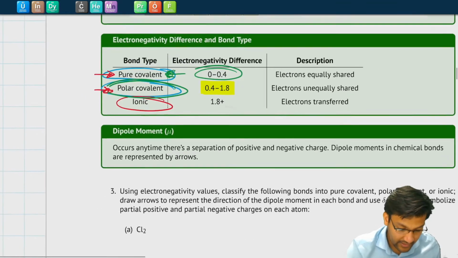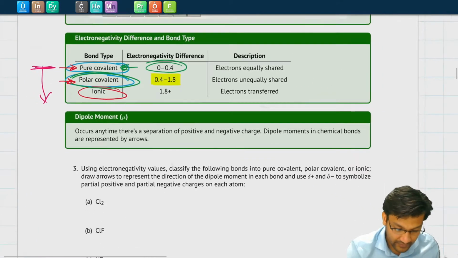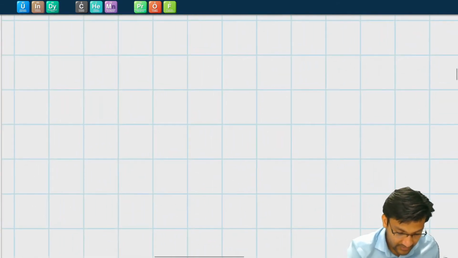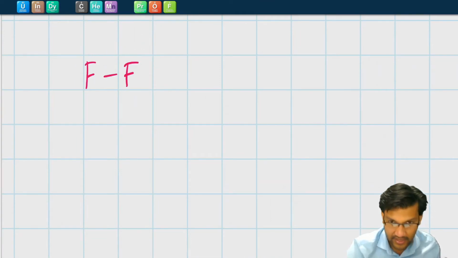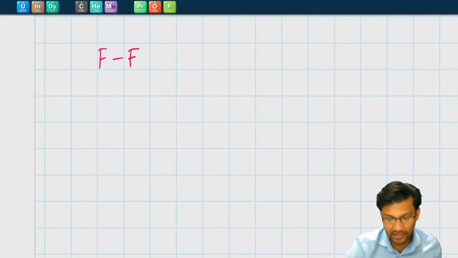So you can think of bonding as lying on a spectrum between pure covalent all the way to ionic. In a pure covalent bond, like we showed with fluorine and fluorine, they pull on the electrons equally, so there's no charges anywhere.